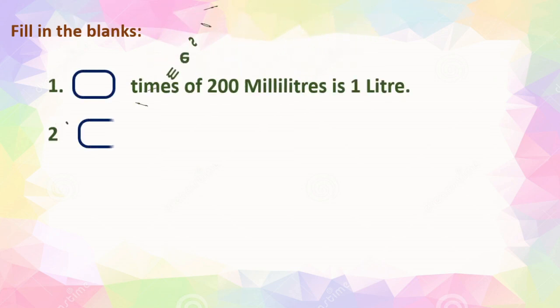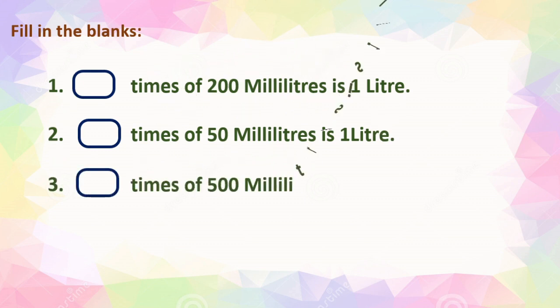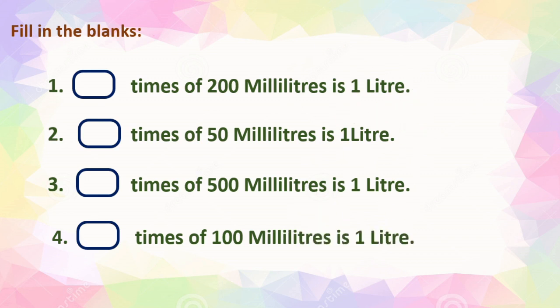Fill in the blanks. Here we will see some fill in the blanks. Please try to read this. See, dear children, here the first one: dash times of 200 milliliters is 1 liter.